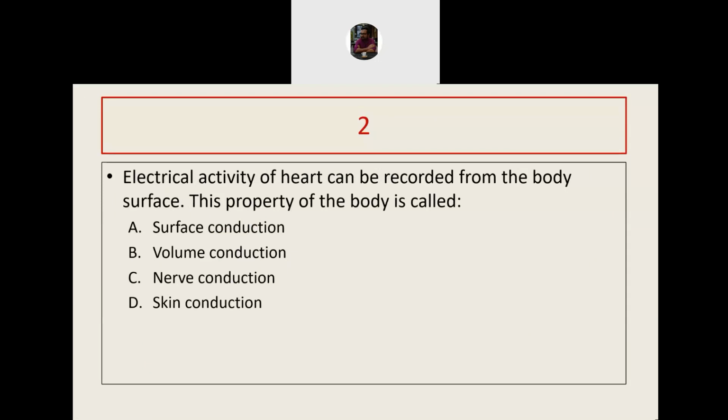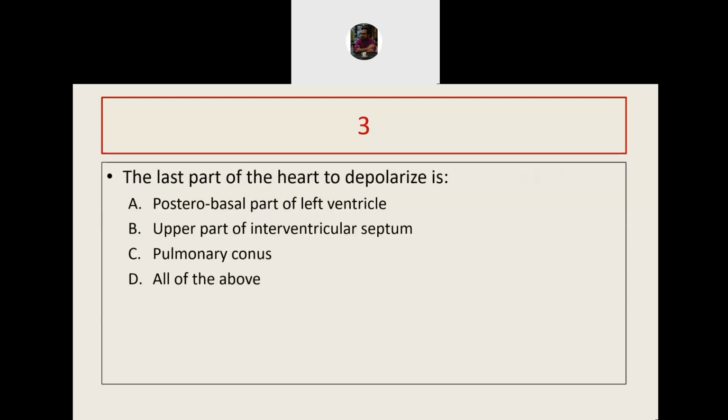Which property of the body enables recording of the electrical activity? Wonderful. The property of volume conduction. What is the last part of the heart to depolarize? Very good. All of the above.